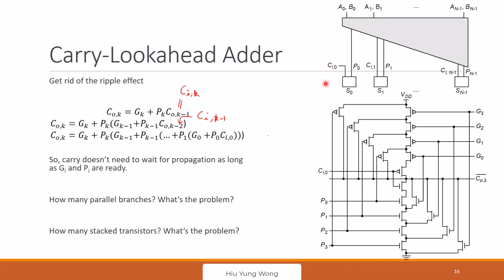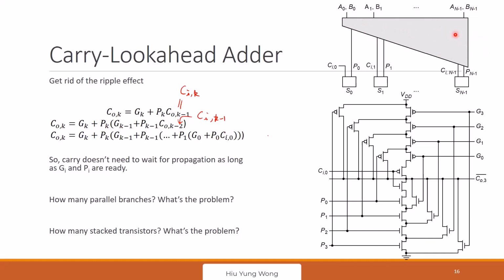Basically, this is the sum. The carry in and also the P0 will give you the S1, and the same for this one. I forgot the equation. If we put all the inputs into a big logic, I'm able to generate the carry out of this block right away.